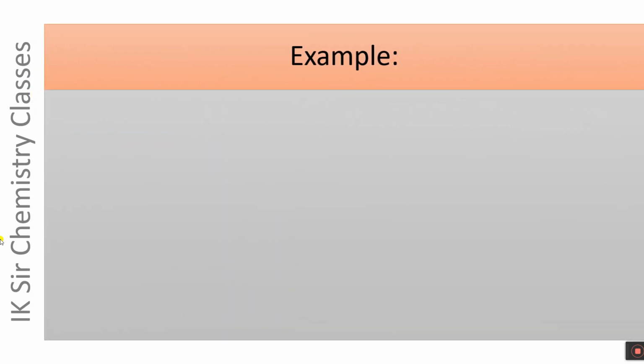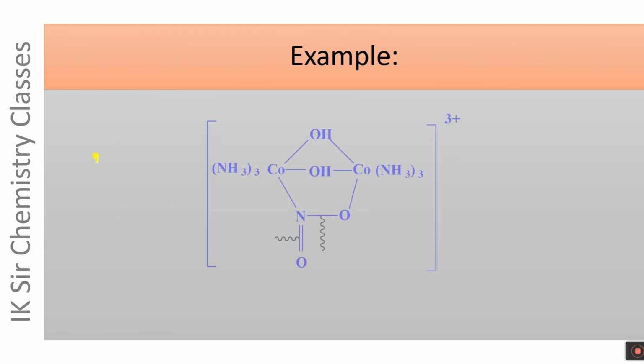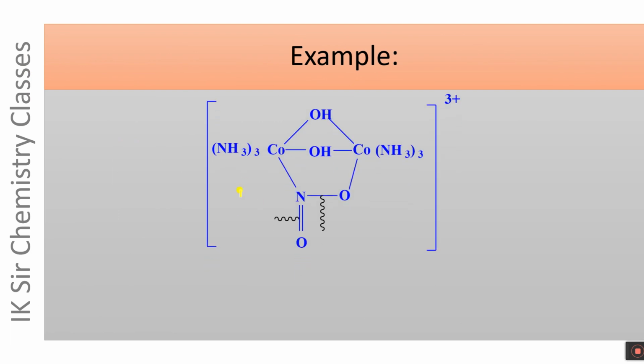Let us see an example for it. This is a complex compound in which two cobalt triple plus ions are present as central metal ion. This cobalt triple plus ion is bonded to 3 ammonia molecules and 2 OH minus ions and 1 NO2 minus ion.